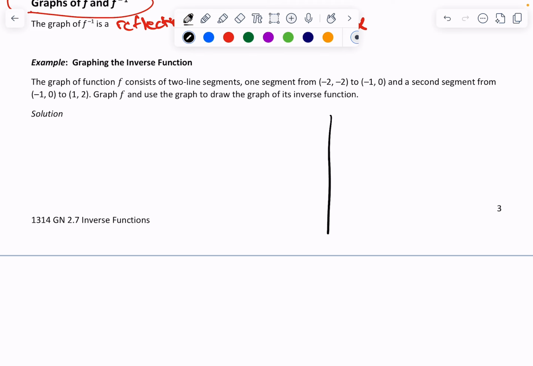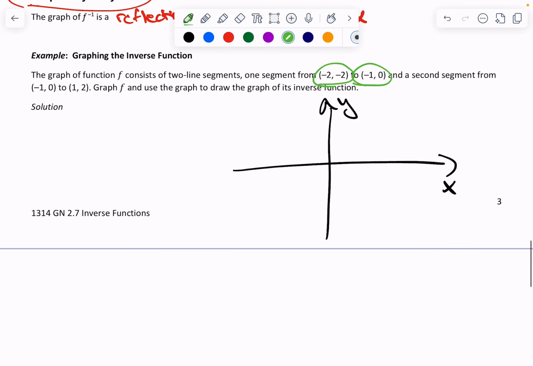Let me do a coordinate plane here, x and y. So the graph of function f consists of two line segments. One segment is from -2, -2 to -1, 0.